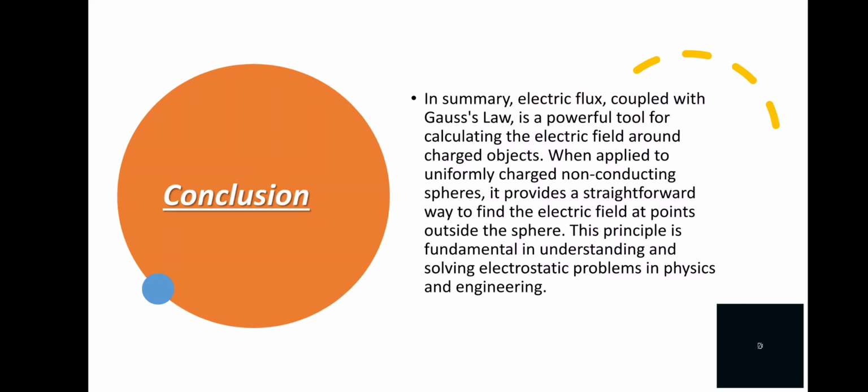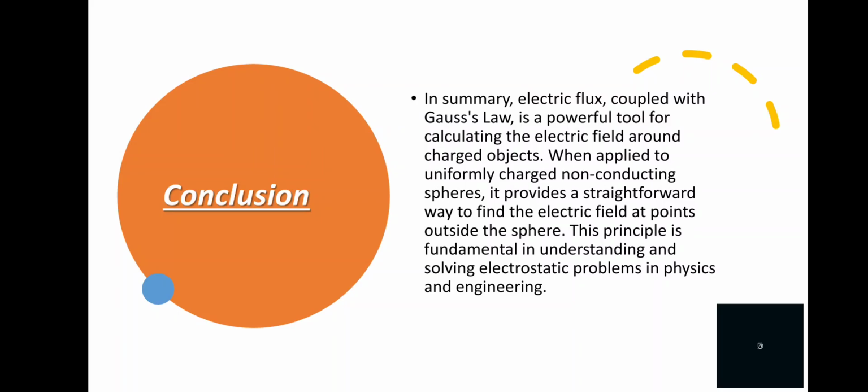To find the electric field inside the sphere, we used a Gaussian surface of radius r less than the sphere radius capital R. From the volume charge density, we calculated the enclosed charge and applied Gauss's law to obtain the electric field expression. This revealed a linear variation of the field moving towards the center.